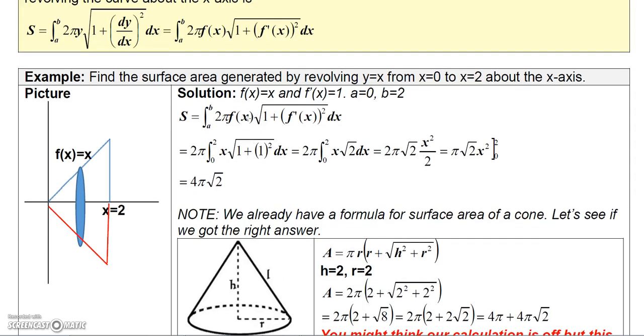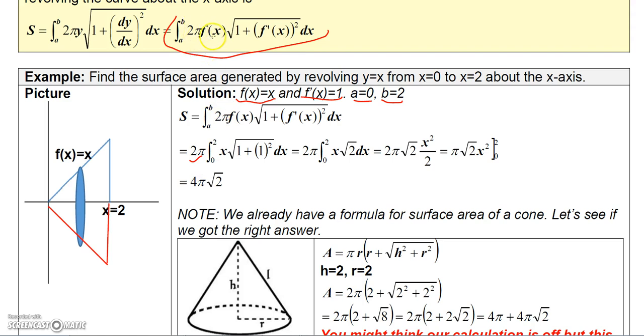Now, to use the formula, we know f of x is x, and therefore we know f prime of x is 1. And also we know a is 0 and b is 2 because we're integrating from x equals 0 to 2. Okay, so putting it in this formula up here, we would have the integral of 2 pi, so I went ahead and factored the 2 pi out to get it out of my way.